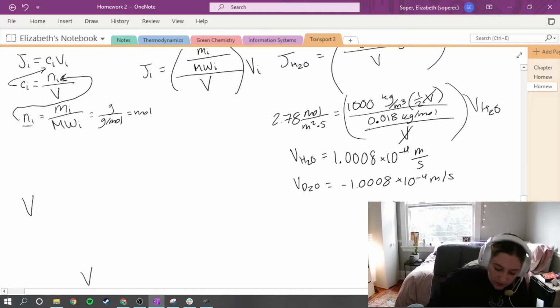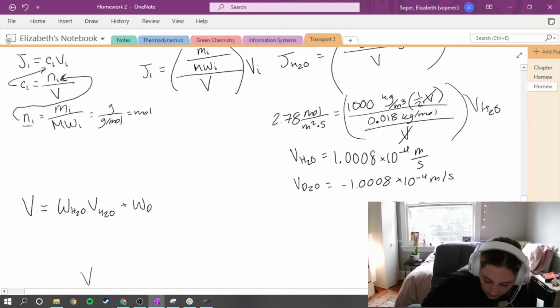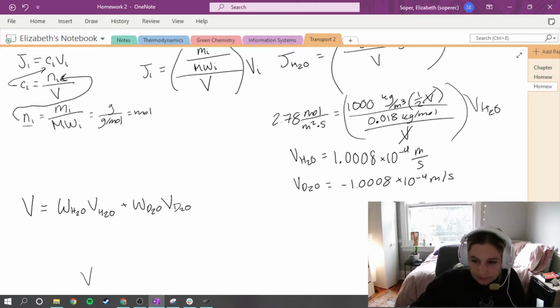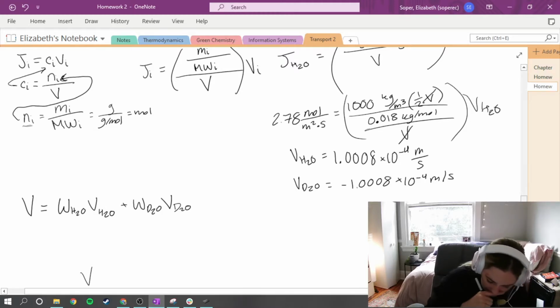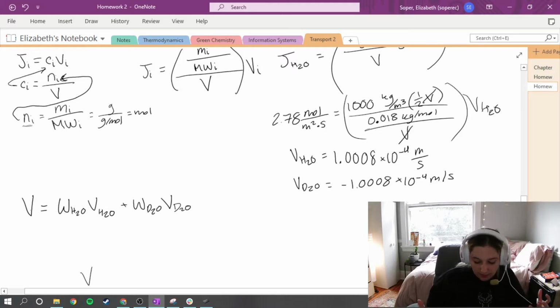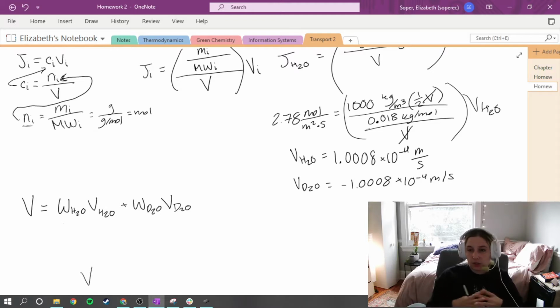The equation for the total velocity is just going to be the mass fraction of water times the velocity of water, plus the mass fraction of deuterated water times the velocity of the deuterated water. This makes a lot of sense because we are looking for the total mass average velocity, so we need to consider the mass fraction of each component times the velocity of that component, and all of those for each of the components added together give the mass average velocity.